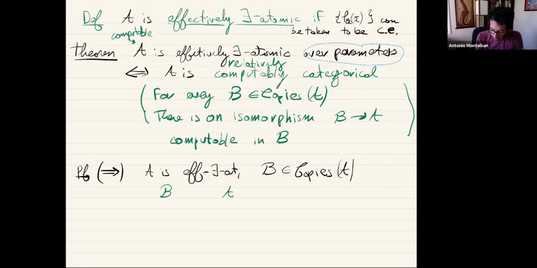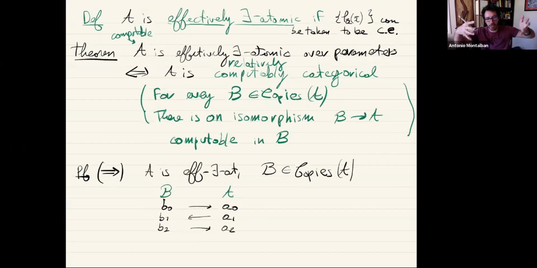What we're going to do is a back and forth construction. We start by taking an element here, and now we try to find one here that matches it, and then we extend, pick another one here, and choose one here that matches it. We want to do it in a way that we end up going through all of A and all of B to make it a bijection, and in a way such that they satisfy all the same atomic formulas. So it's not only a bijection, but an isomorphism.